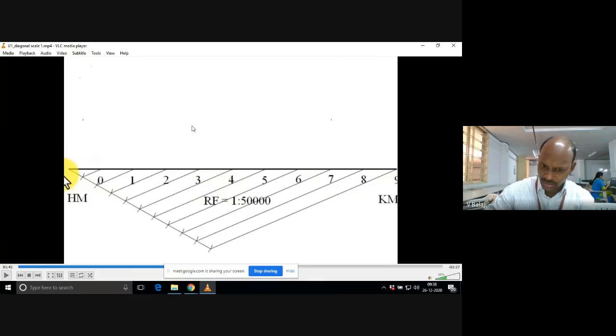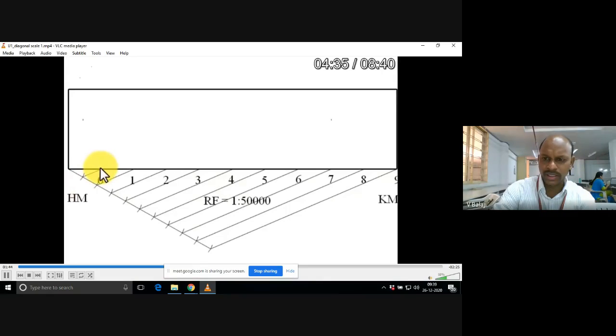So the next step is, you need to take a rectangular box. Here you see I have taken a little more width for the rectangle compared to the plane scale. You can choose this height as 4 or 5 centimeters; again, there is no technical importance for that value. You can take 40 mm or 50 mm.